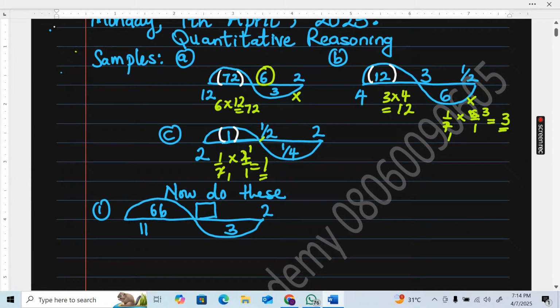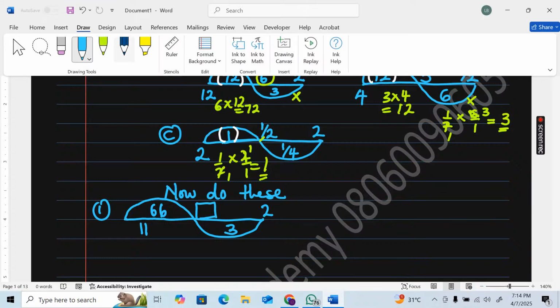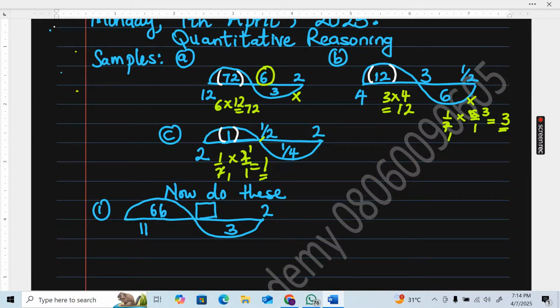If you look at the sample above, how were we able to get 3 in sample B? How did we get 3 in sample B? We multiplied half by 6. This half times 6 gave us 3. So we will come down to our number 1.